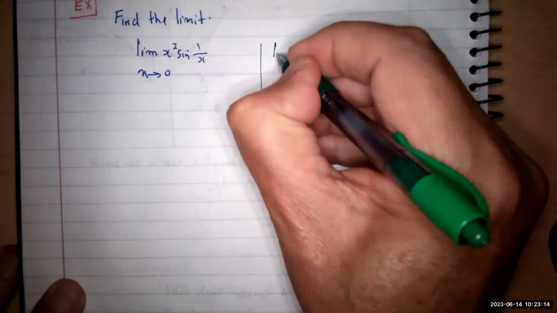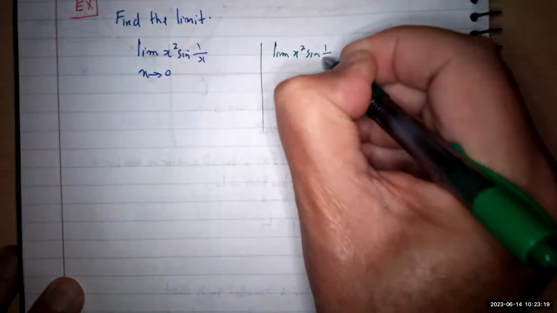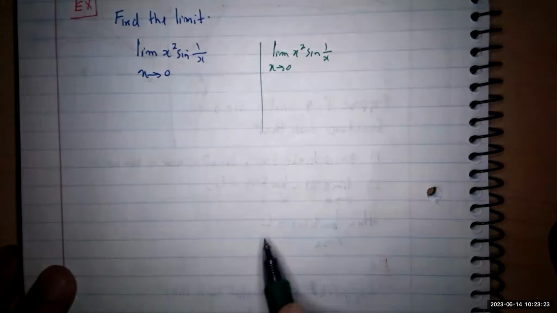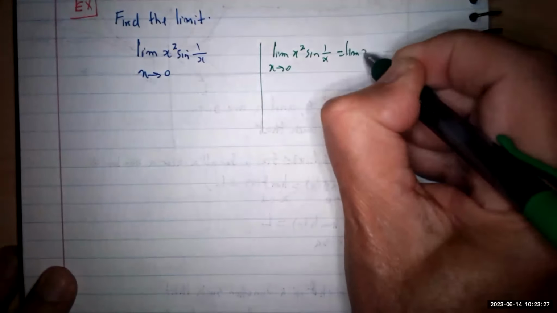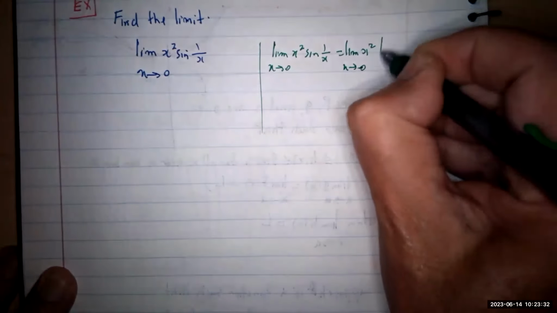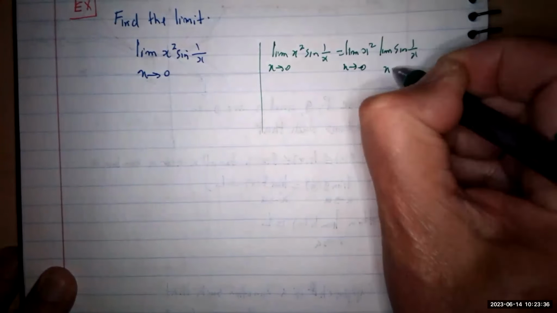They say it's a product of 2 functions, so it's going to be the limit of the first one times the limit of the second one.